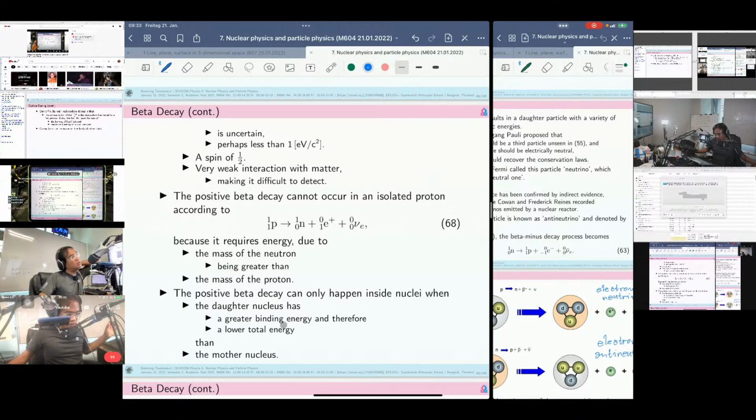I think you know binding energy, right? You have seen it in the beginning of this chapter: it is the energy that compresses several nucleons together.